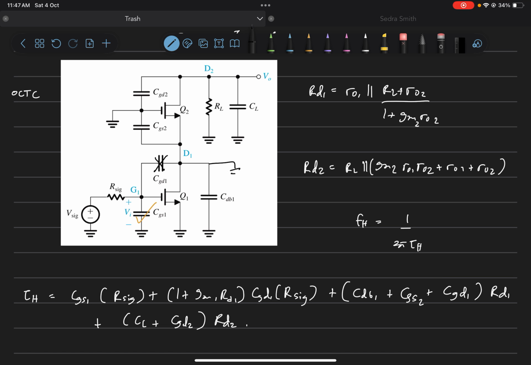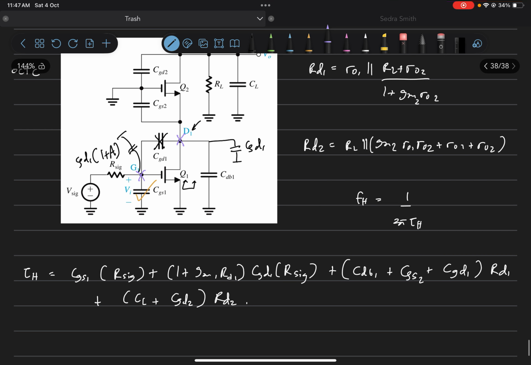We'll have CGD1 divided by the gain, which will approximately be CGD1, and we'll have a capacitor from G1 to ground, which will be CGD1 times 1 plus A, where A will be given by gm1 times RD1, because A is the gain from this node to this node, because the capacitor is between these two nodes, and the gain from here to here is gm1 times RD1.